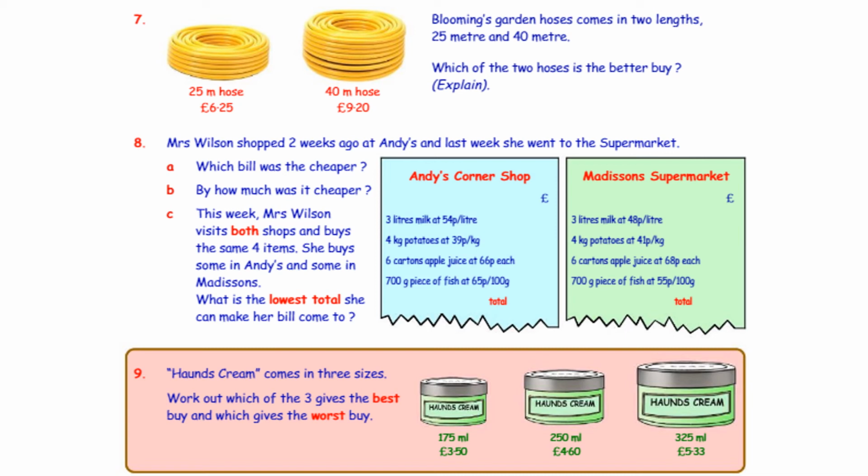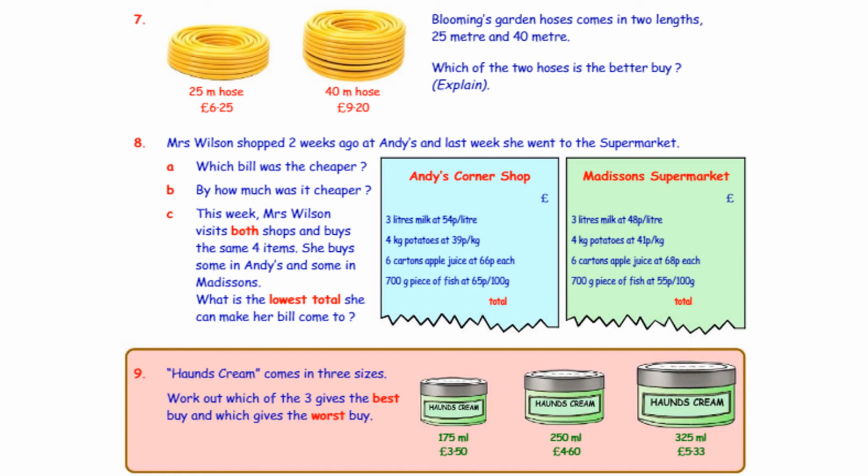So you're comparing milk, potatoes, apple juice, and fish, and you're picking out which of these is cheaper. For example, if the milk is cheaper at Andy's, then you would buy milk from Andy's. If the potatoes are cheaper at the supermarket, you buy the potatoes at the supermarket. But you're basically looking for the cheapest of all totals.